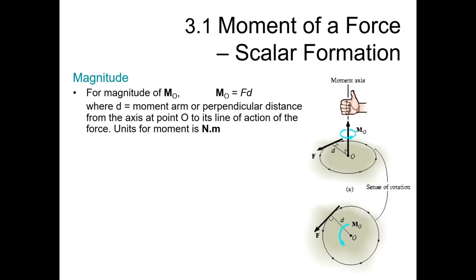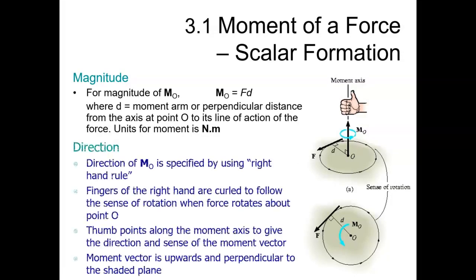You hold your right hand with four fingers following the direction of the rotation, and then your thumb shows the direction of the moment. In this case, for the blue moment shown, your thumb is showing the upward direction. So the force and shortest distance D make a rotation perpendicular to the page, upward. That's the sense of rotation, and the unit is Newton meter.